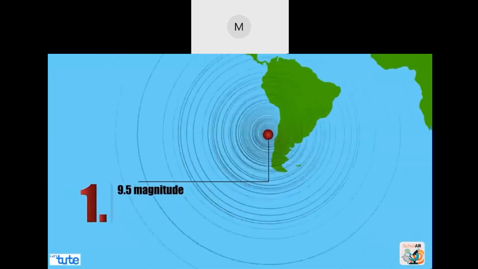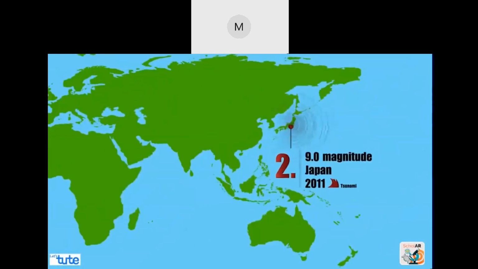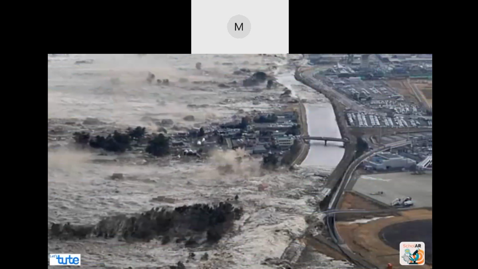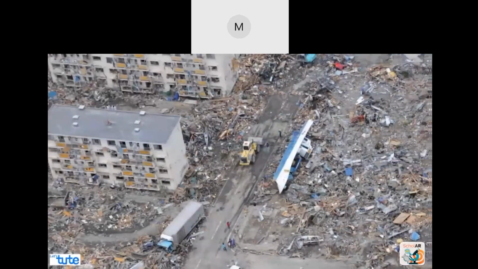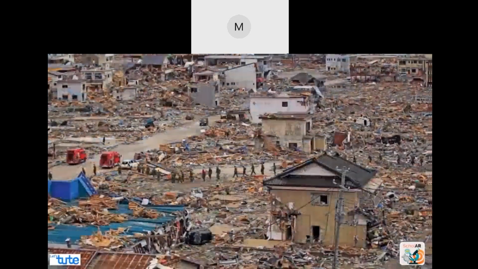This happened in Valdivia in southern Chile in 1960. Another one that happened in Japan in the Tohoku region was of magnitude 9.0, on March 11, 2011. This earthquake caused massive damage and destruction and took nearly 16,000 people's lives.